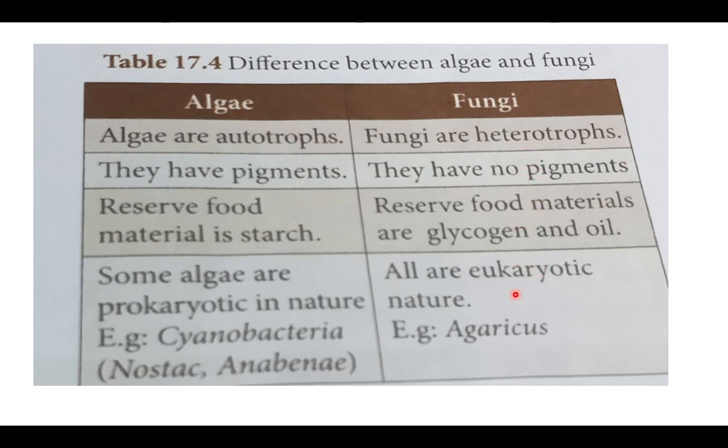But fungi are eukaryotic in nature. Eukaryotic means well-defined cell organelles, and a nucleus containing a nuclear membrane. All the plants, animals, human beings are eukaryotic in nature. Example, Agaricus. So this is a very important question, the difference between algae and fungi.